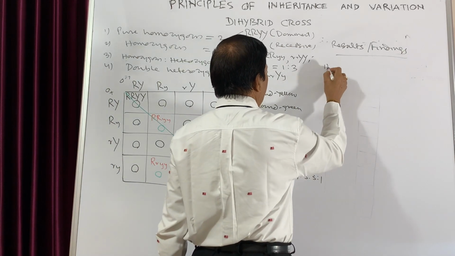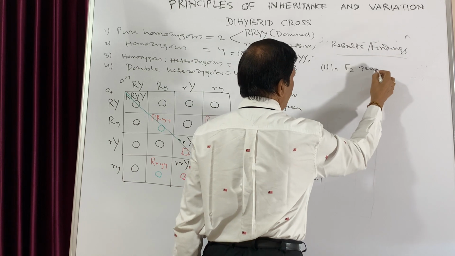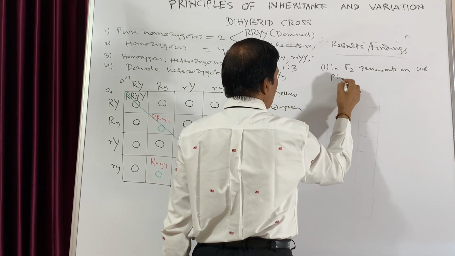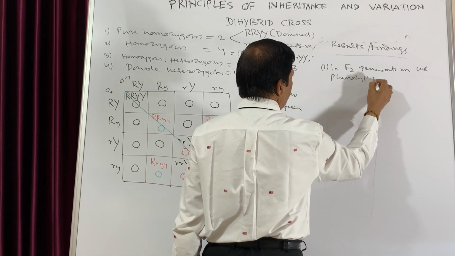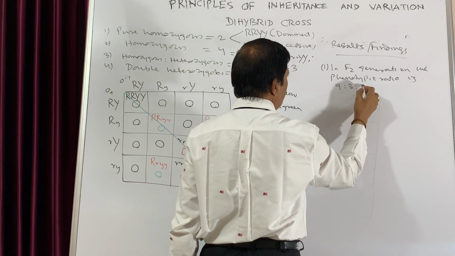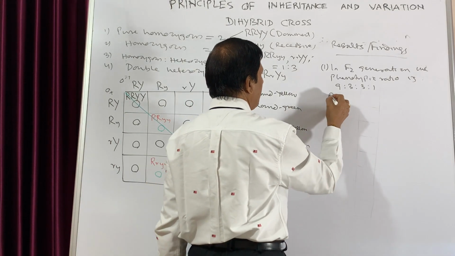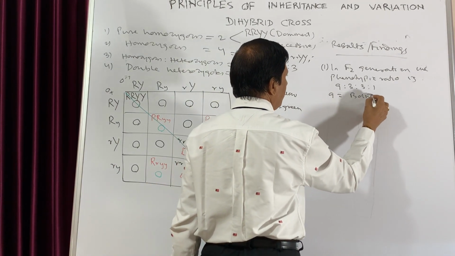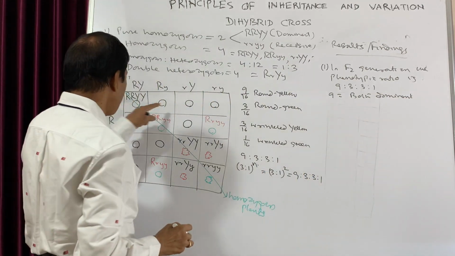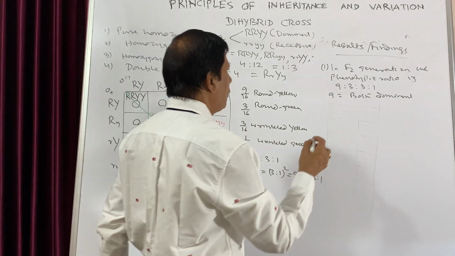That means it is found in the F2 generation, the phenotypic ratio is 9:3:3:1, out of which 9 are both dominant. You can see this 9, the round and yellow ones, both dominant.